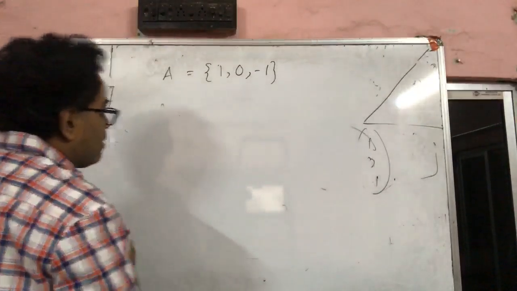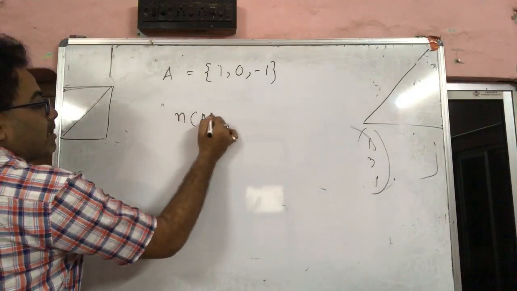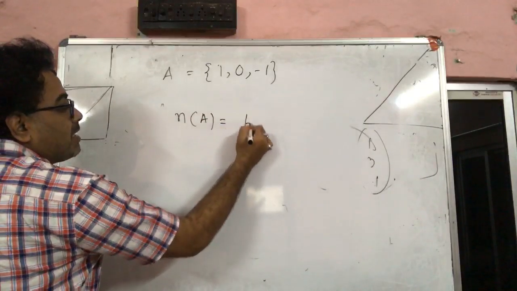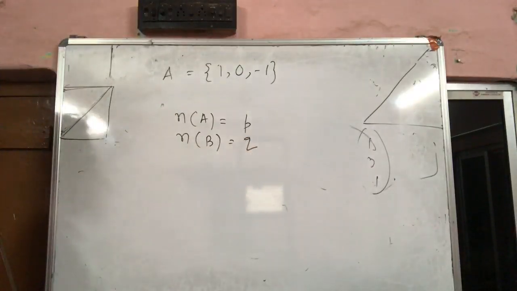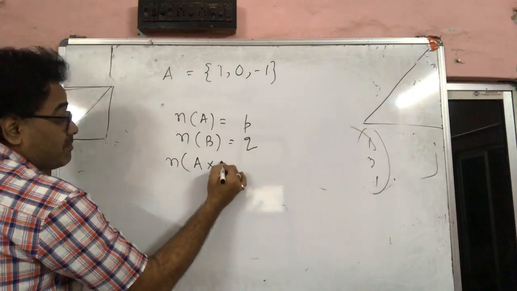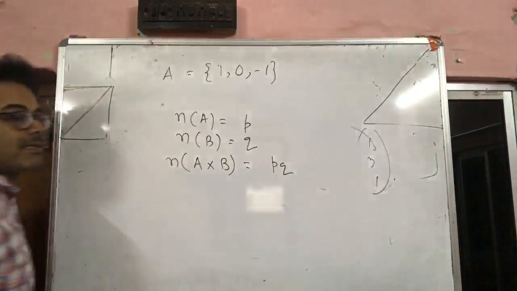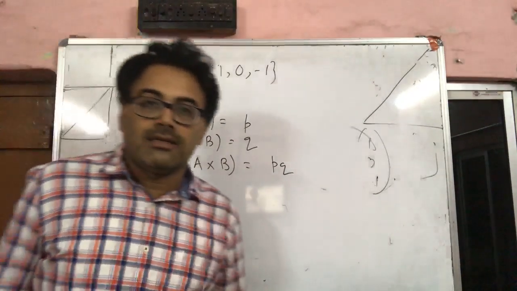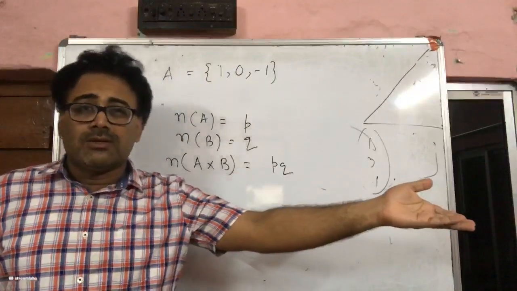So if a set has P elements, another set has Q elements, then the number of elements in A cross B is PQ, right? 10 elements in a set is going to be related with the 20 elements of the other set.